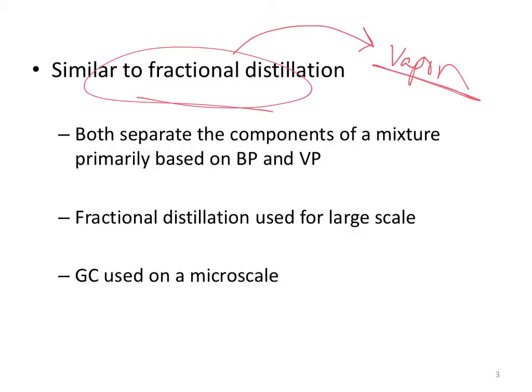So ultimately, it's the ability of a certain compound to go through the vaporization procedure, and then it's the vapors which are moved, which are carried with the mobile phase of the chromatography, and the separation occurs on the basis of the boiling point, of course.